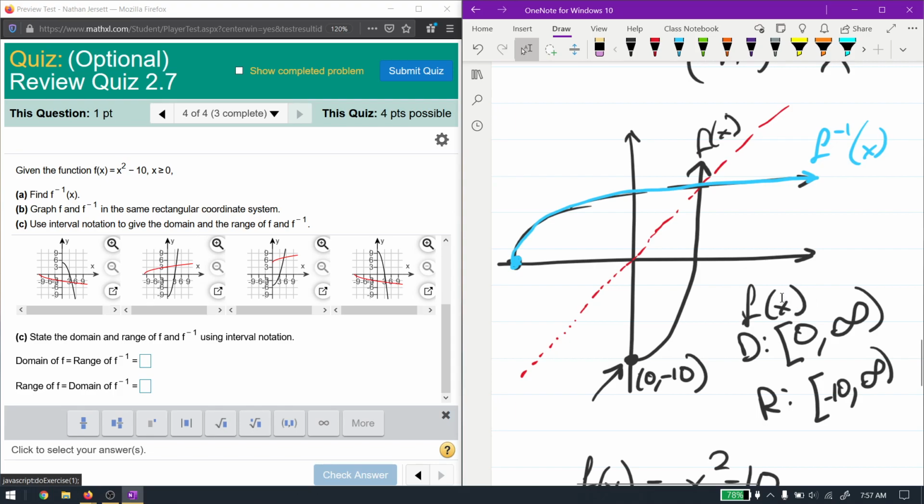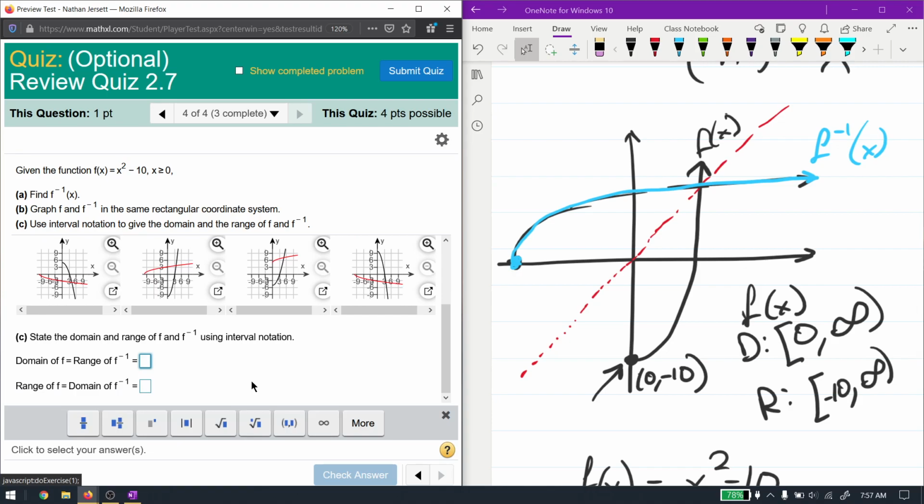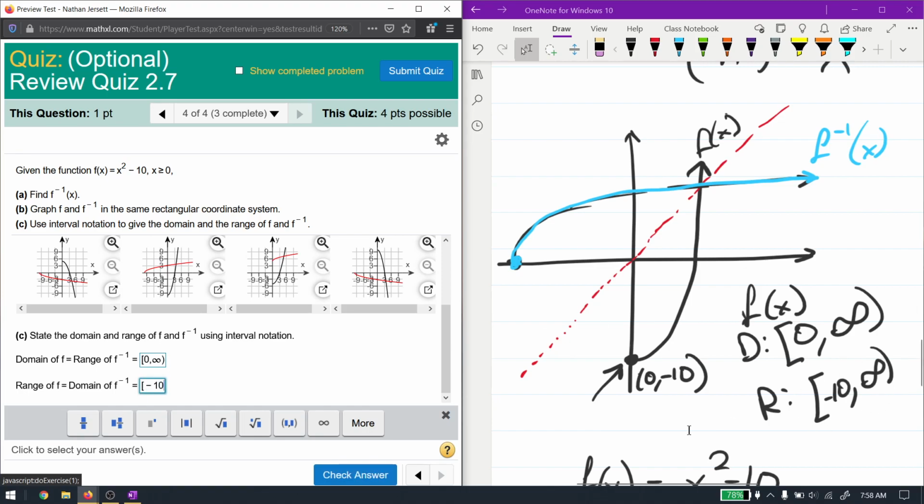What's interesting is that the domain and range of the inverse function are the same as the domain and range of the original function, just flipped. So the range of the original function is the domain of the inverse. So the domain is 0 to infinity, and the range is negative 10 to infinity.